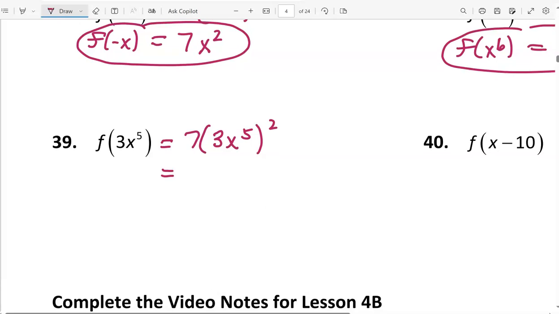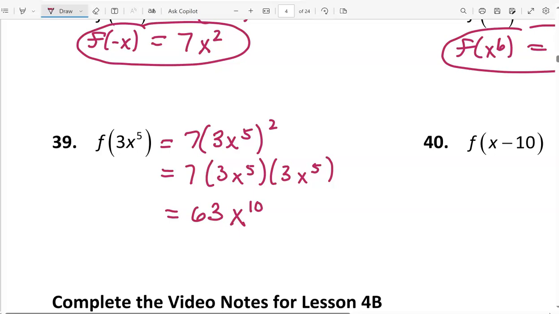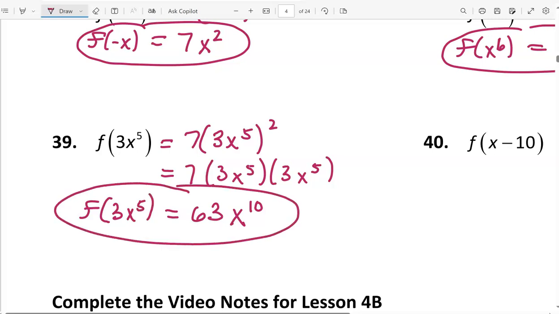And let's remember that that means 3x to the 5th times 3x to the 5th. That's all multiplication. 3 times 3 is 9, times 7 is 63. X to the 5th times x to the 5th is x to the 10th, because when we multiply, we add the exponents together if the bases are alike.